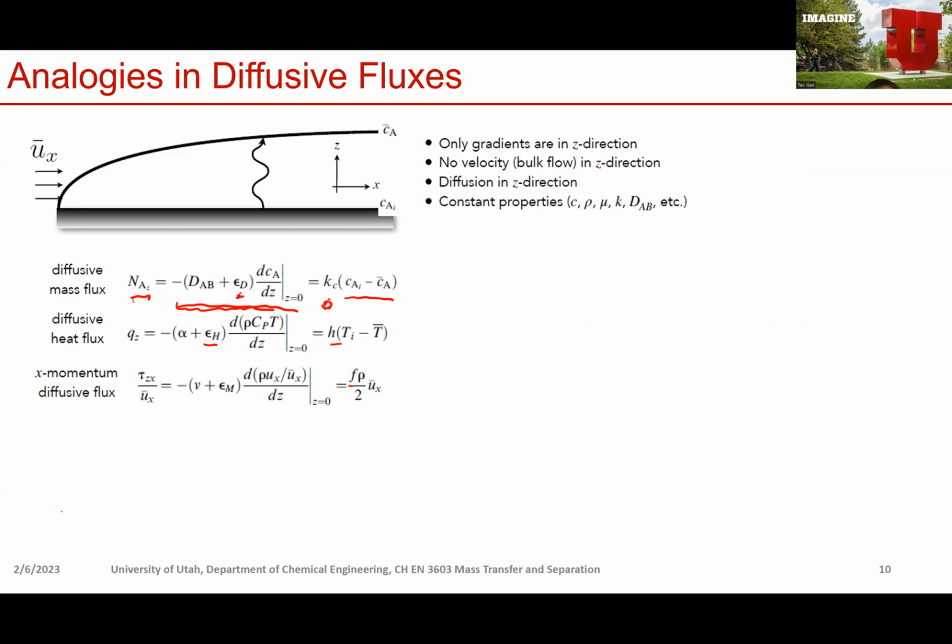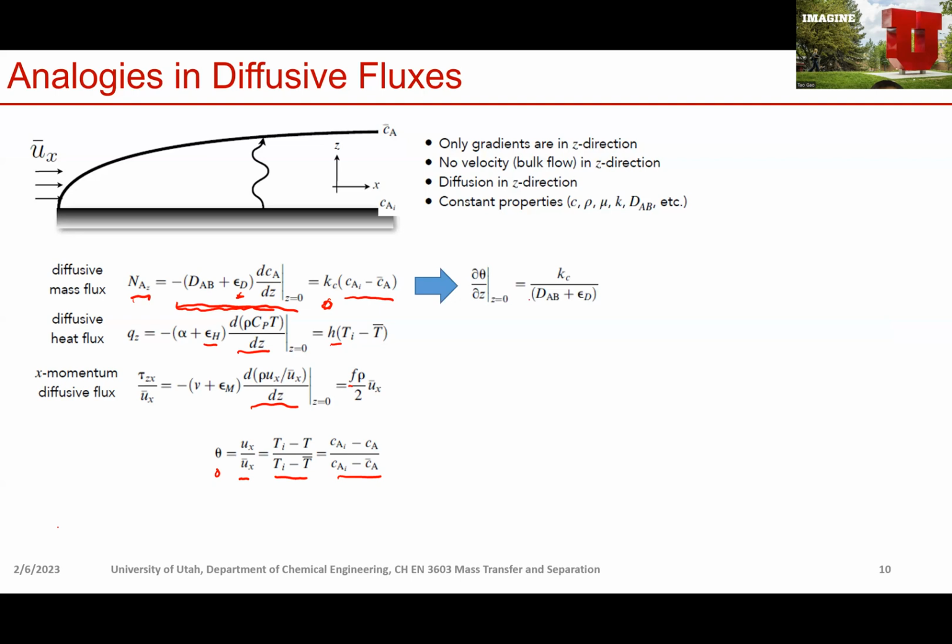Okay, and we talked about this in our last lecture. If you do some non-dimensional analysis, by scaling your velocity, temperature, and concentration with a corresponding reference point, then you can convert these three derivatives into a similar functional form.